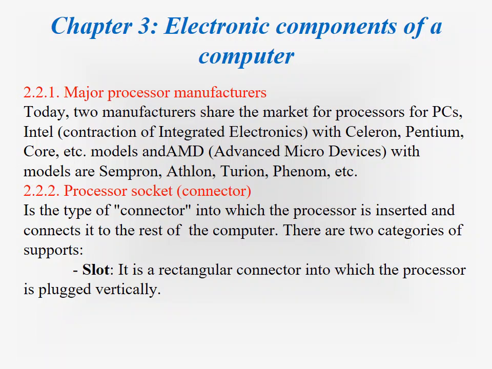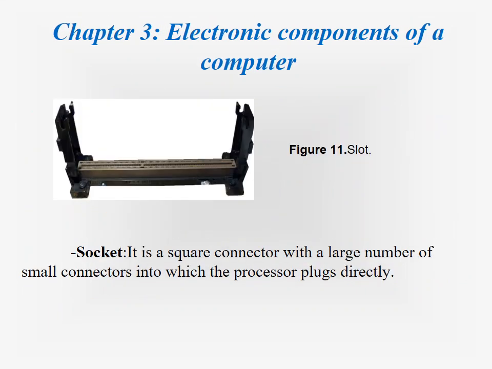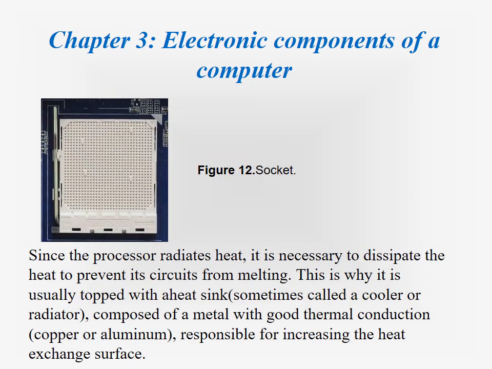Slot: a rectangular connector into which the processor is placed vertically, like you see in figure 11. Socket: a square connector with a large number of small connectors into which the processor plugs directly, like you see in figure 12.